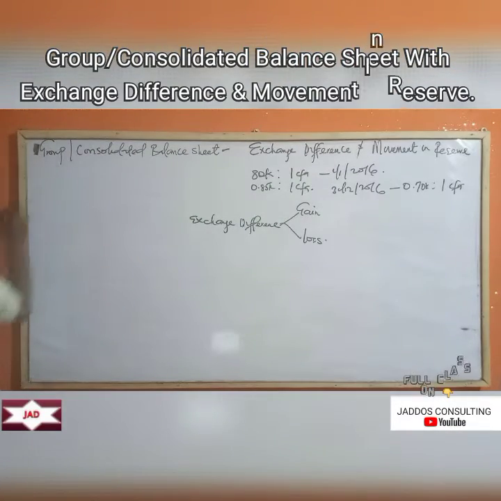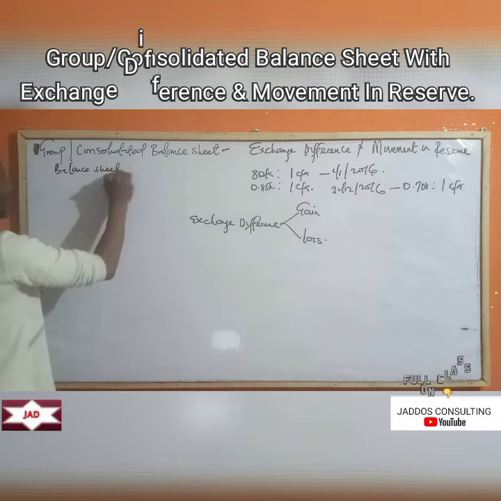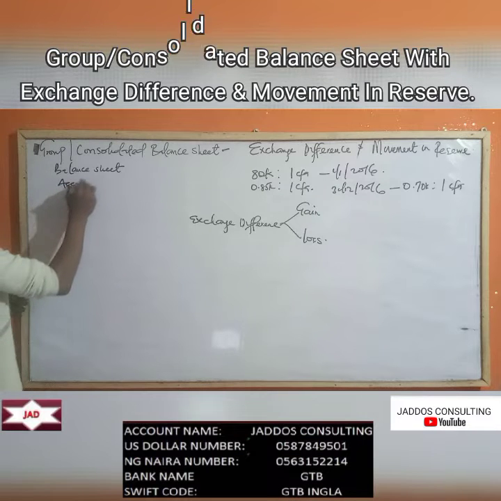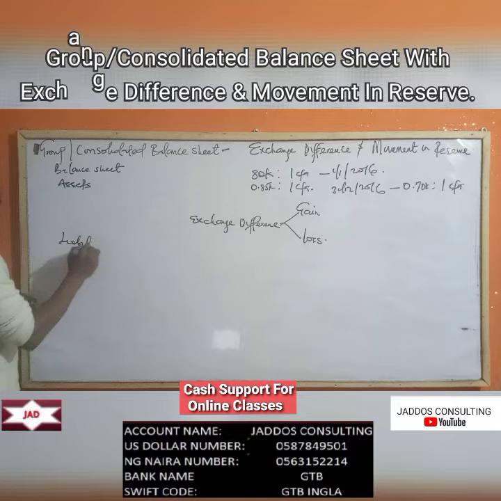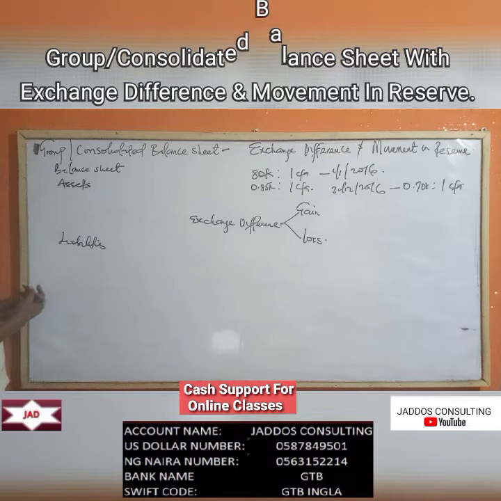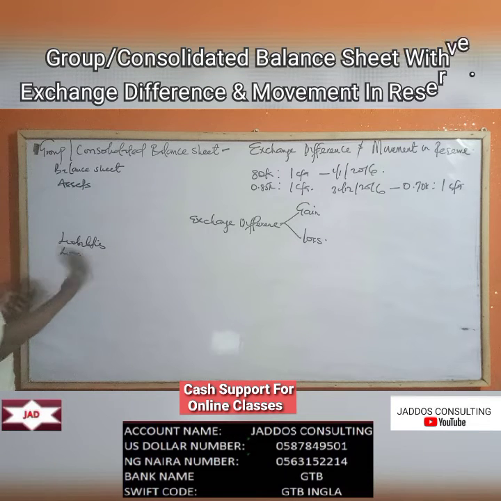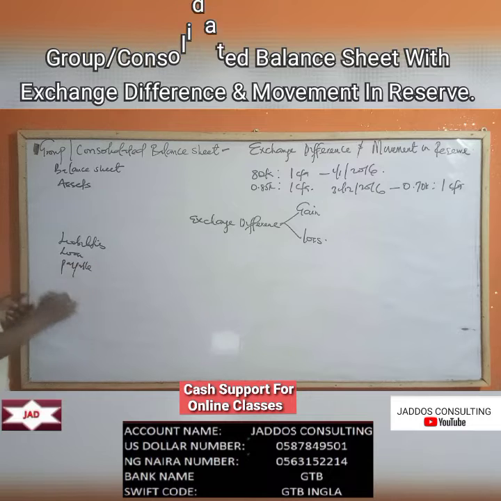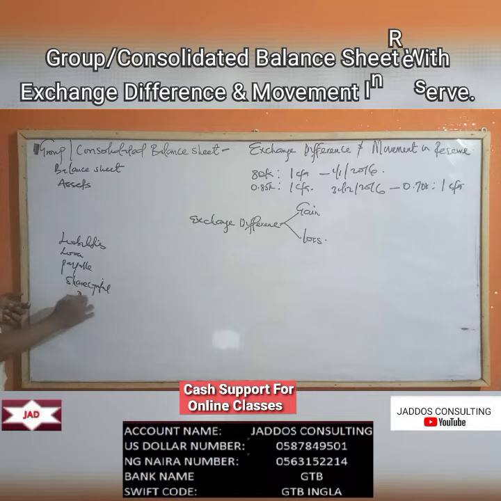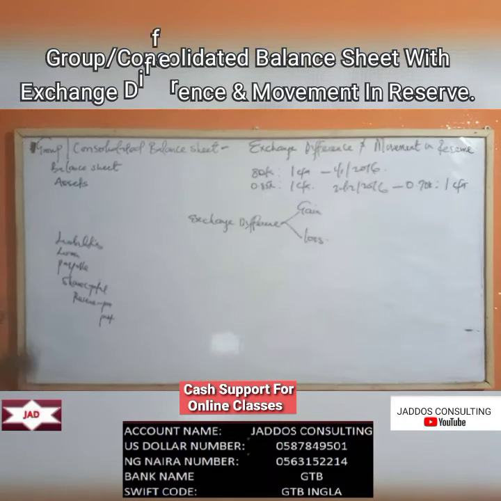In the balance sheet, you have assets and then liabilities. You can have loan, you can have payables as usual, and then you have share capital, and then you have reserve. Your reserve is pre and post acquisition. I believe you understand that at this level.